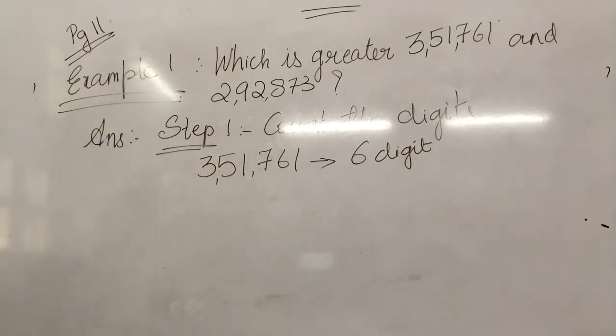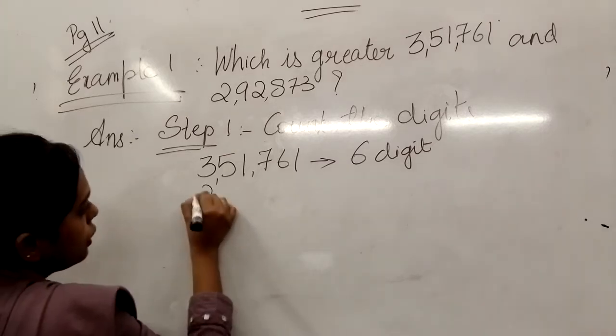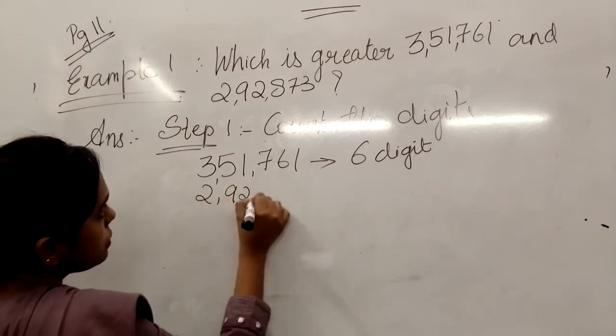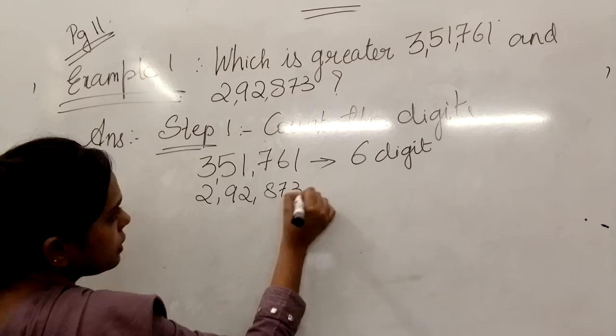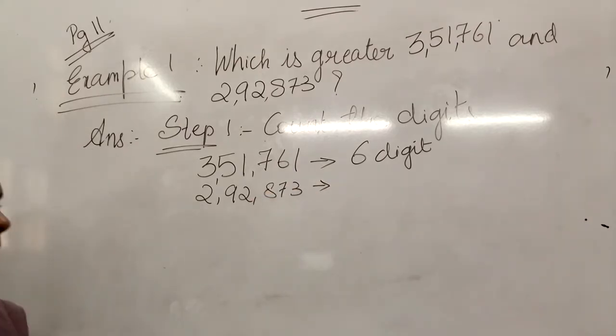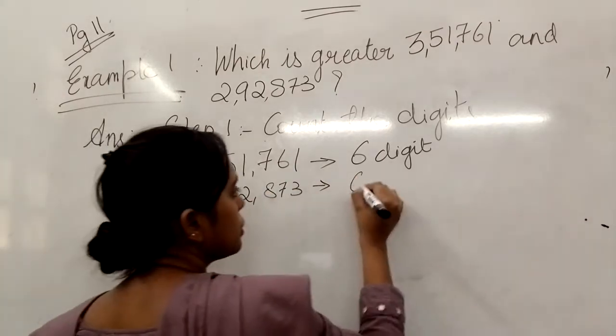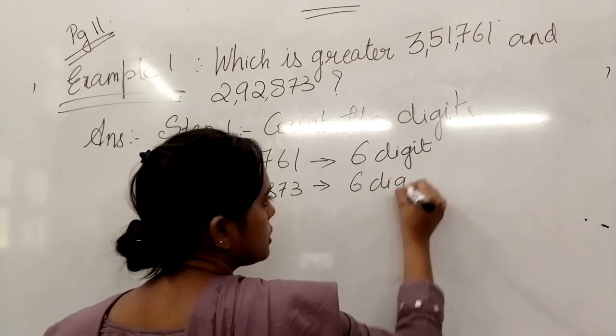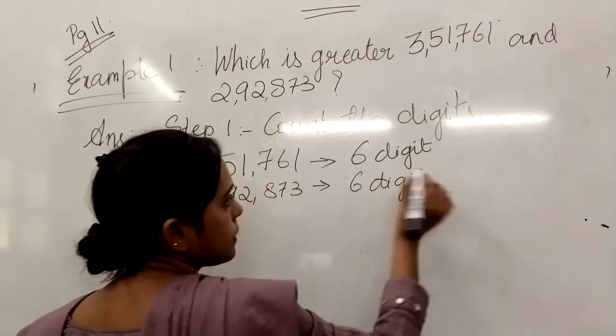Then you will go to the next number, 2,92,873. How many digits does this have? This has 6 digits. Very good. So I will write here 6 digits.